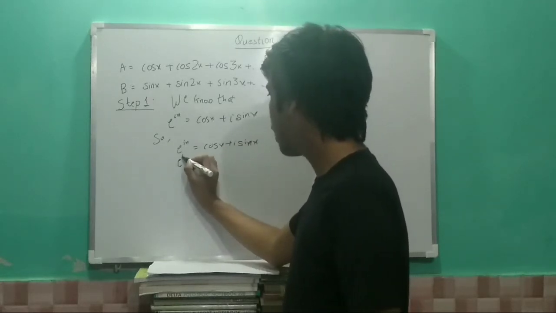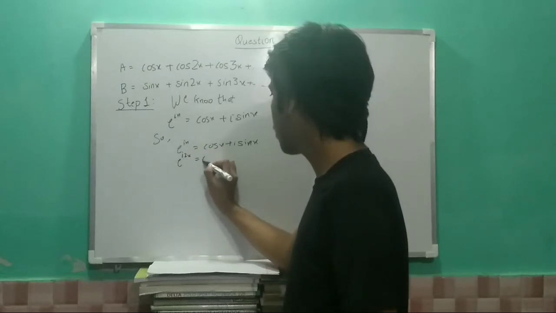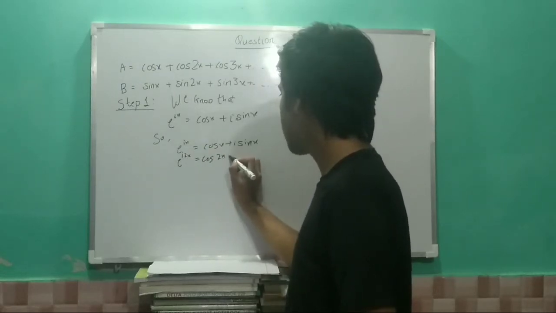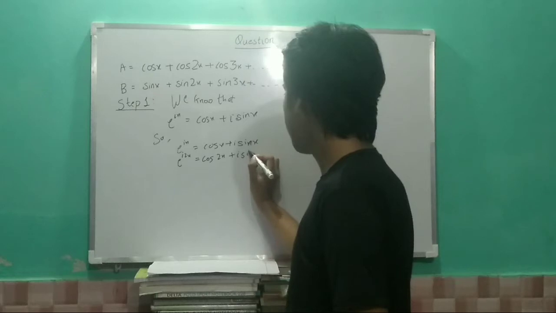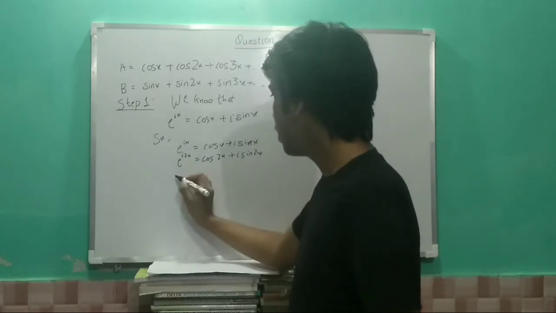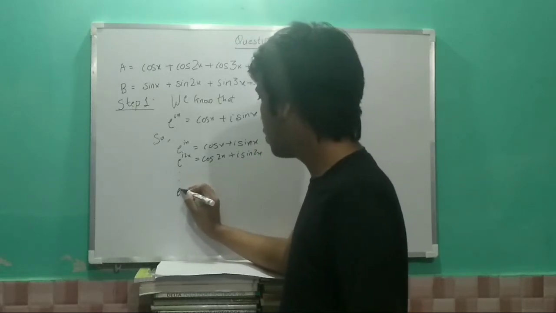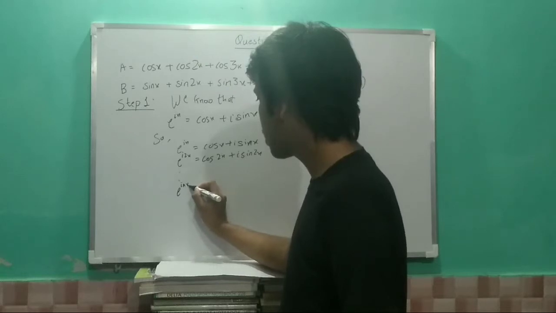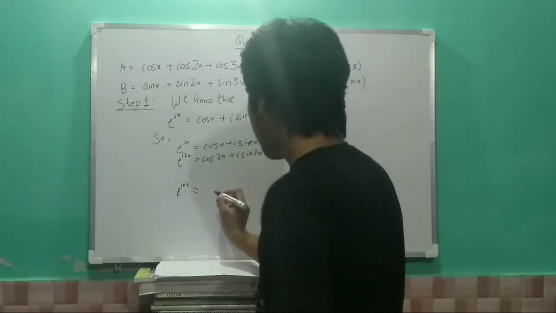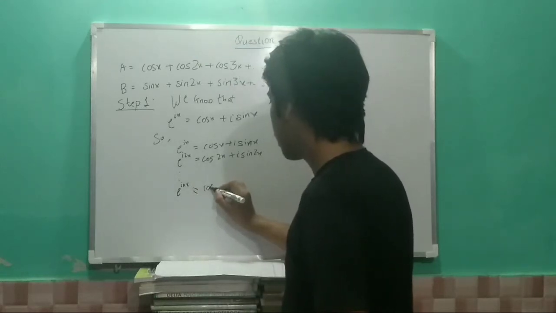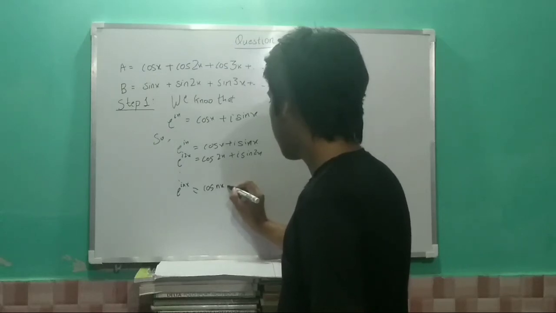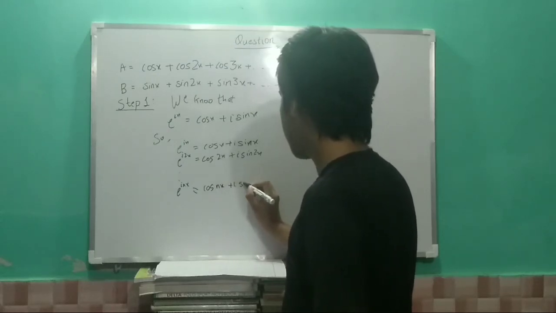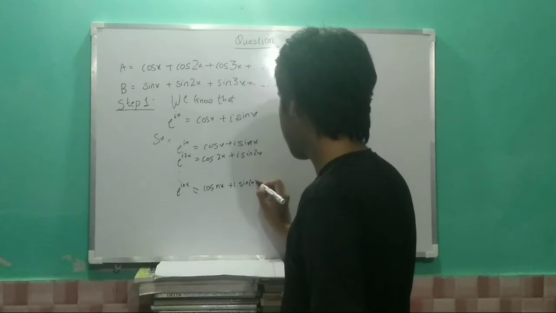e to the power i2x is equal to cos 2x plus i sin 2x. e to the power inx is equal to cos nx plus i sin nx.